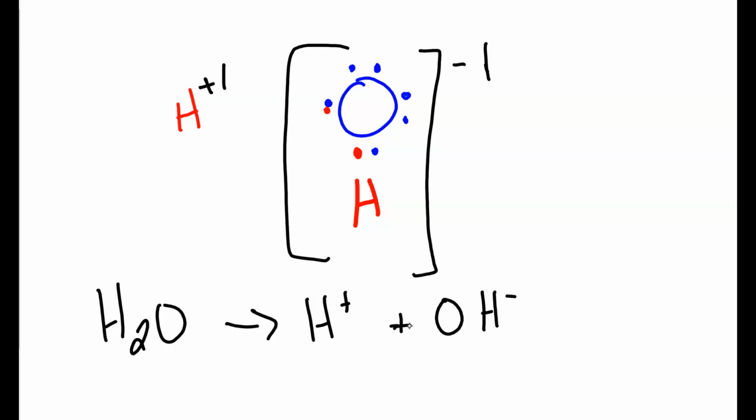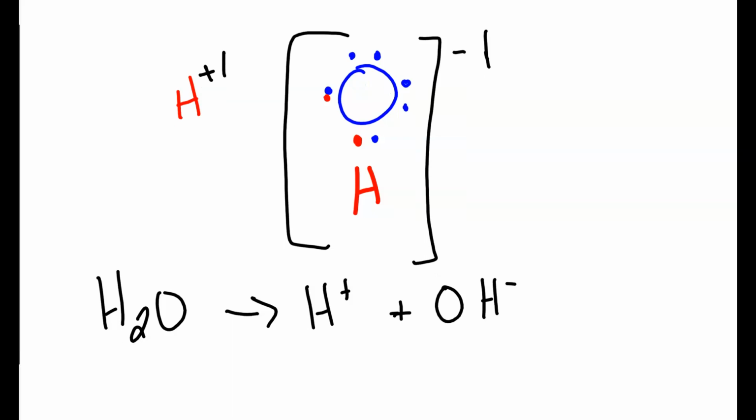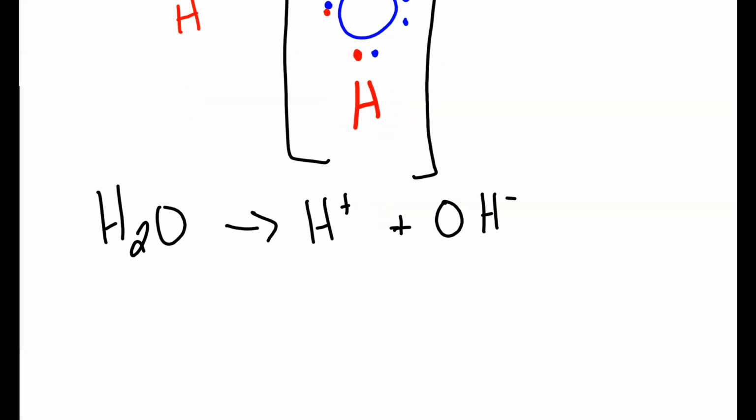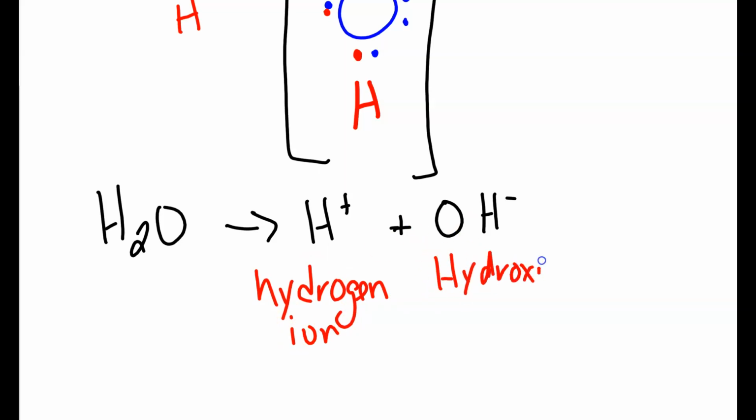So there's actually a ratio for this, and we know what this ratio is. We know that this ion is just a hydrogen ion, and this here is called a hydroxide ion.